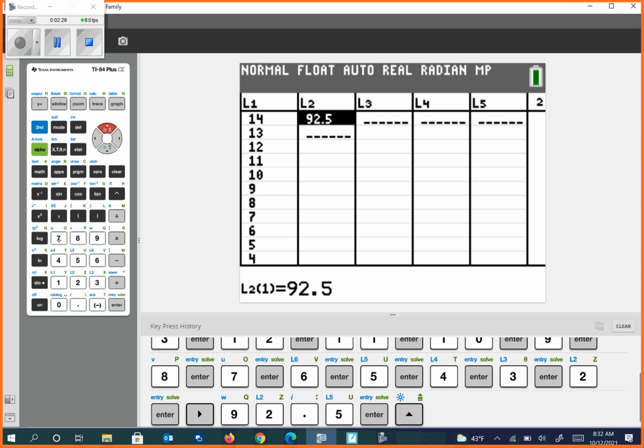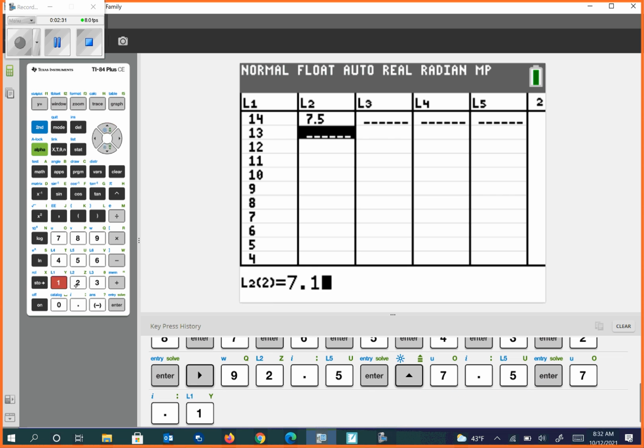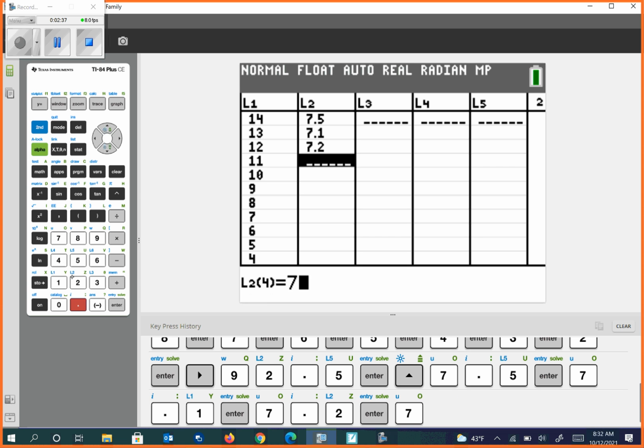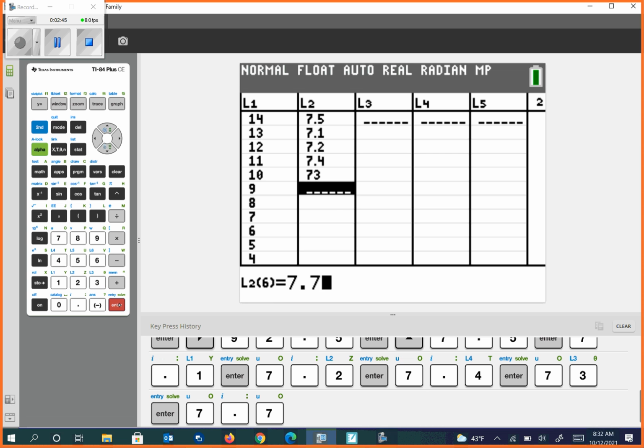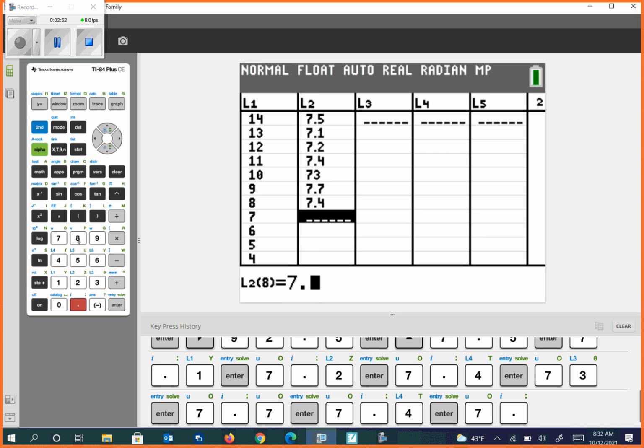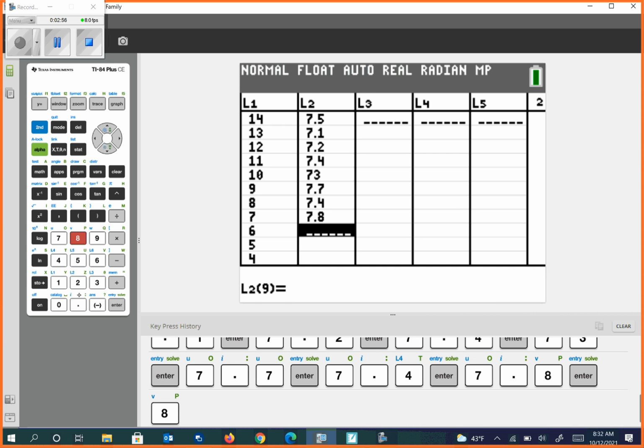So 7.5, 7.1, 7.2, 7.4, 7.3, 7.7, 7.4, 7.8, 8.1, 11.3.